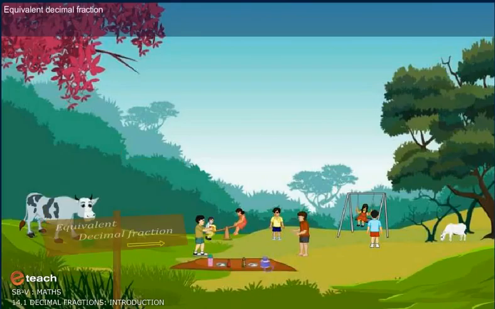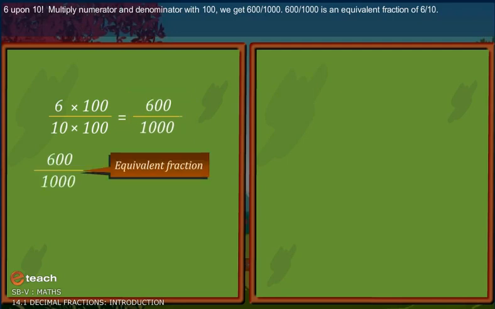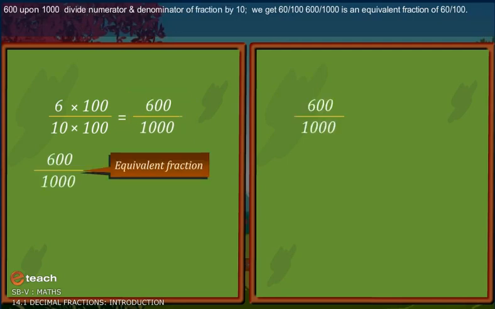Equivalent decimal fraction 6 upon 10. Multiply numerator and denominator by 100. We get 600 by 1000. 600 by 1000 is an equivalent fraction of 6 by 10. 600 upon 1000. Divide numerator and denominator of the fraction by 10.